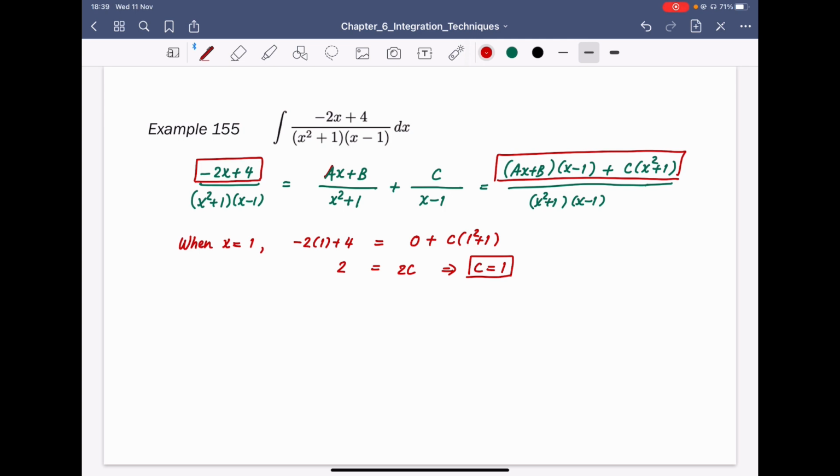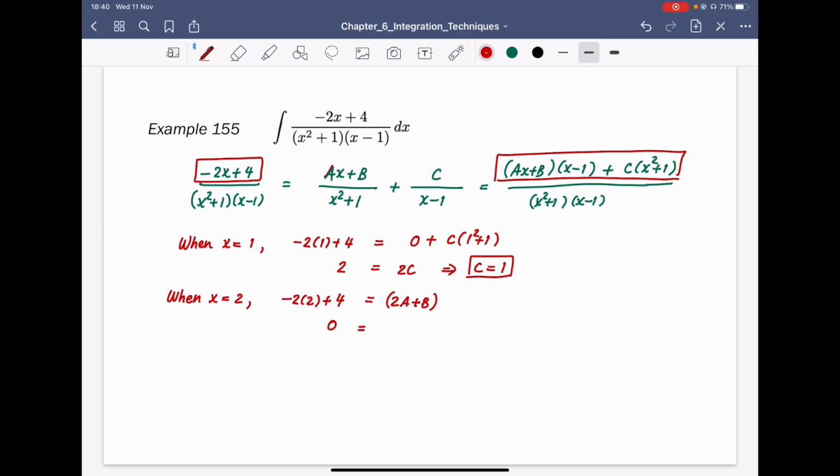Now I need 2 more equations to solve for b and a. So I'm going to pick an easy number so I can compute it easily. So I'm going to pick x equal to 2. The reason why I pick x equal to 2 is because if I plug in on the left, I have 0, right? And if I plug in on the right hand side, I am going to have ax plus b, which means 2a plus b now, and then multiply x minus 1, which is 1, right?